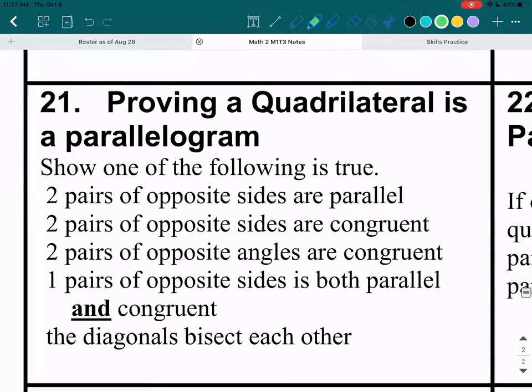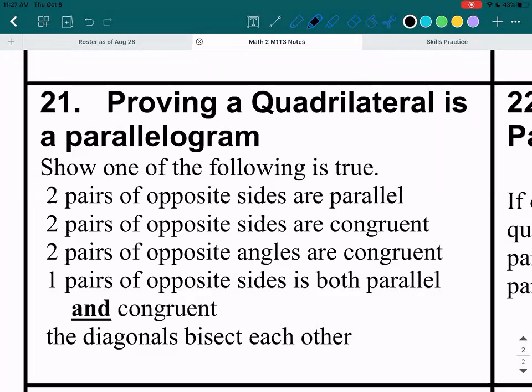So if we want to prove a quadrilateral is a parallelogram, we need to show that one of the following is true. We have two pairs of opposite sides are parallel. So that's one way. Another way is to show that two pairs of opposite sides are congruent. Well, we'll do examples later. Let me just read these to you.